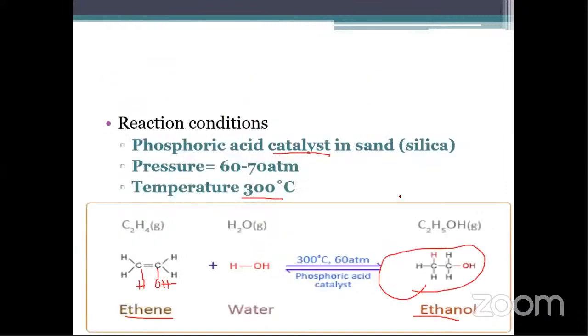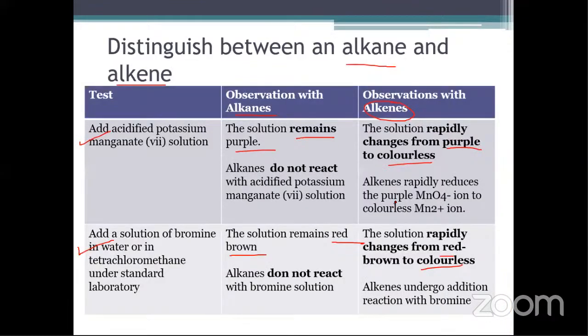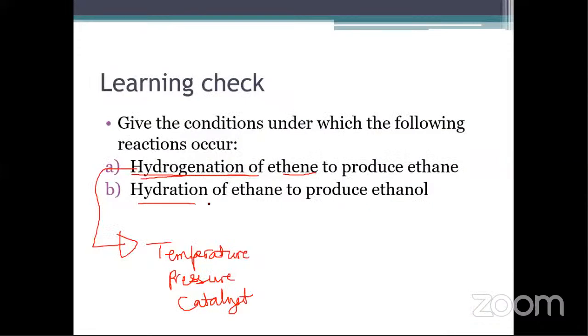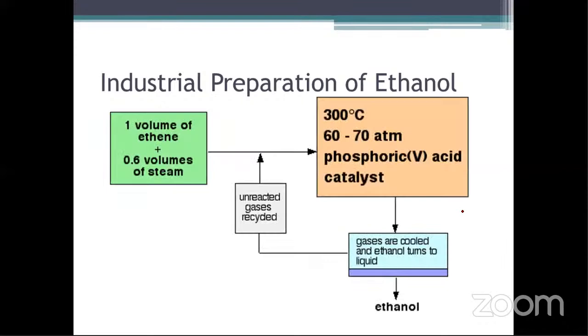Very good. And then the next question is, what are the conditions for hydration? For hydration, remember you're adding water and you're going to get an alcohol, in this case ethanol. So what are the conditions for hydration?